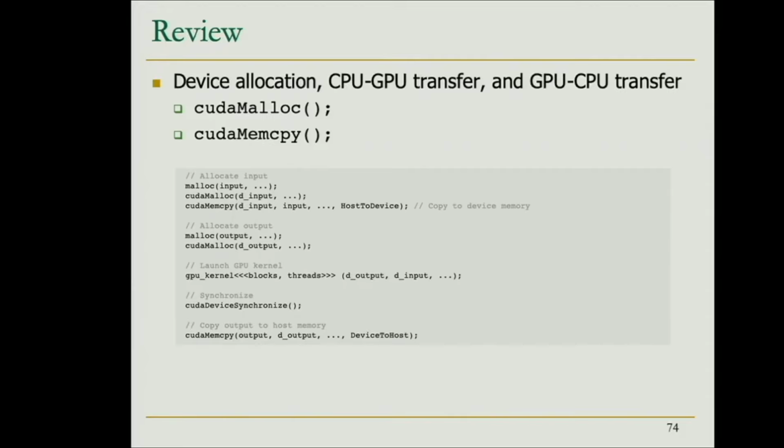Because if you look at this model, the only thing the CPU thread is doing is offloading the computation to the GPU and waiting for the GPU to finish, right? So during all this time, the CPU thread is doing nothing, at least related to this program.